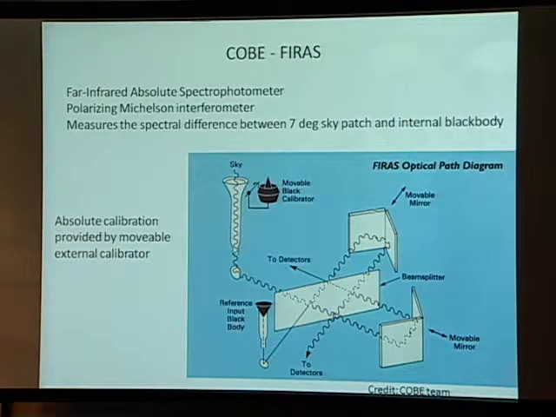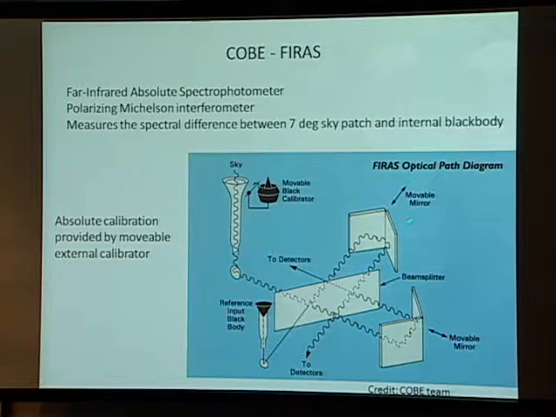FIRAS stands for the Far Infrared Absolute Spectrophotometer. It's a polarizing Michelson interferometer. It measures the difference between the sky and an internal blackbody. So what happens is we have two inputs. There's an internal reference blackbody with a horn, and there's a sky horn here. And those two signals are inputs to a Michelson interferometer.